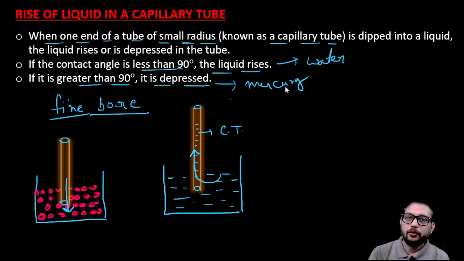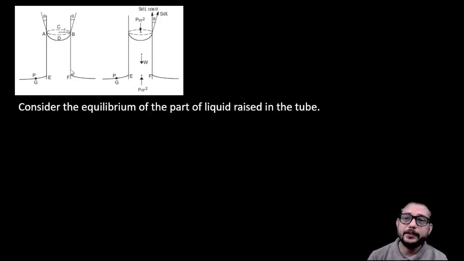Okay. So we will discuss why and how much height a liquid can attain, or how much height it can be depressed inside the capillary tube. For that, we have to draw a new diagram. So this is your diagram. As you can see here, this is your capillary tube in two different positions. This is the moderate condition, and this is the significant position.